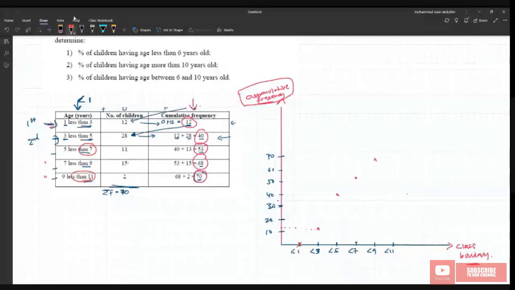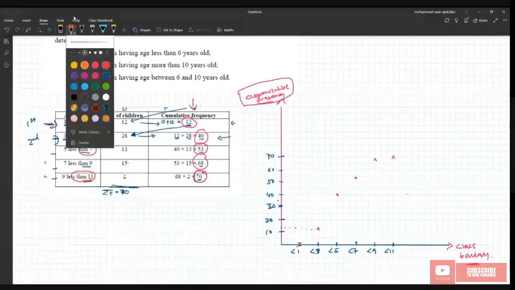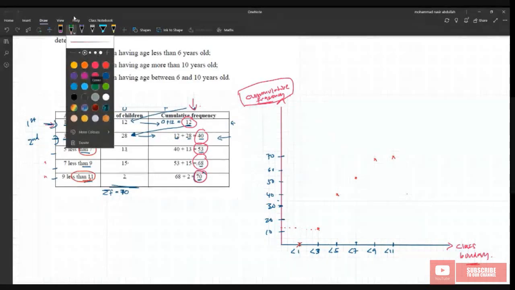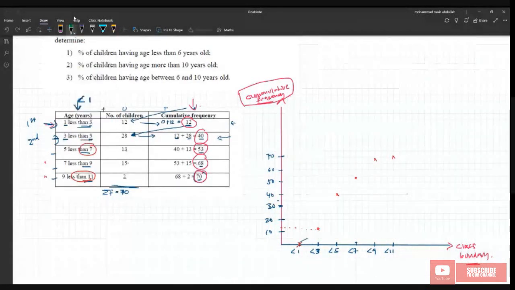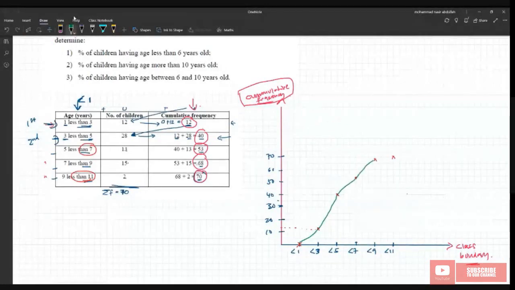I'm going to put here, right? Next step is we're going to connect the line. So this is a cumulative less than ogive.